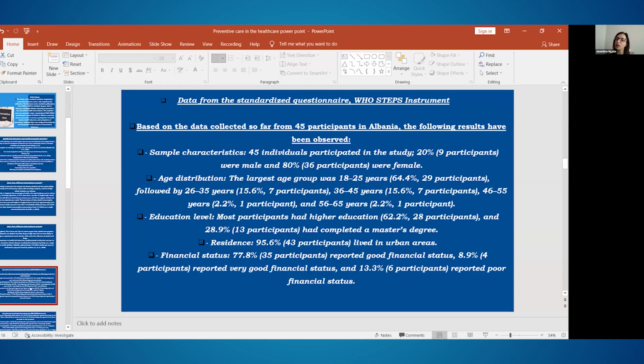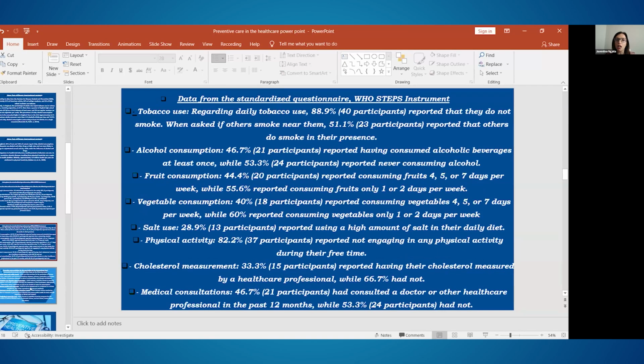Most of them live in urban areas, and regarding financial status, about 68% reported good financial status.